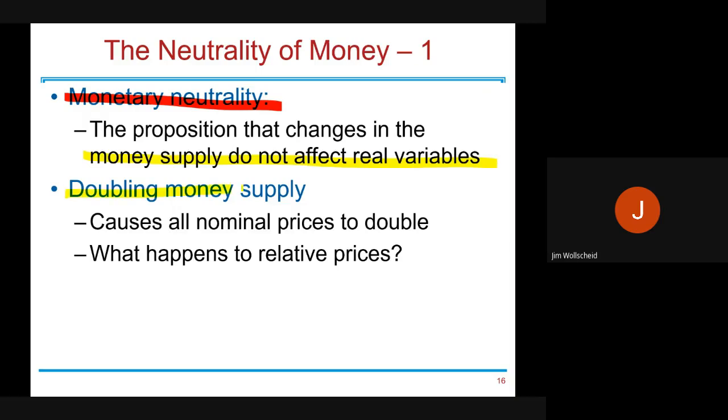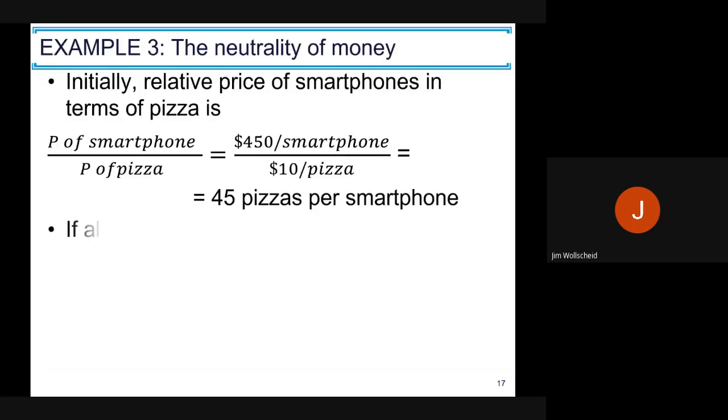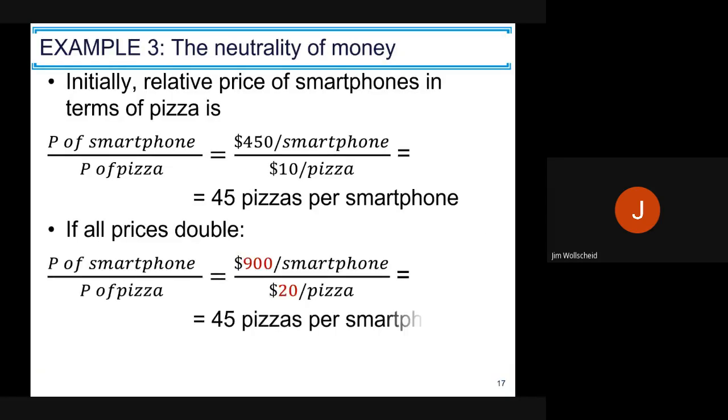If I double the money supply, all nominal prices double. What happens to relative prices? The answer is nothing. So here's how we would see the neutrality of money.